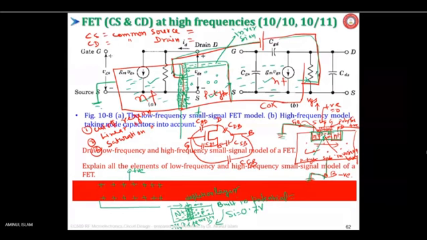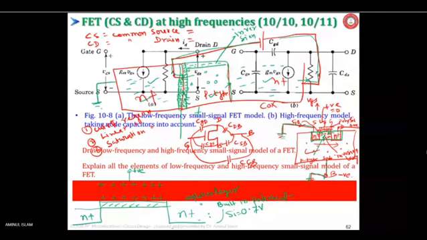Under this is silicon dioxide, and on this side you have an N plus region, and on the right side you also have an N plus region.